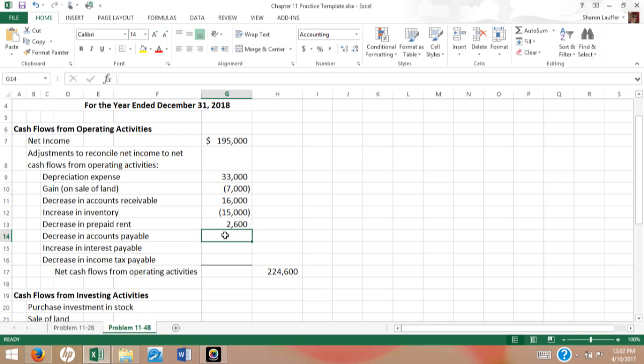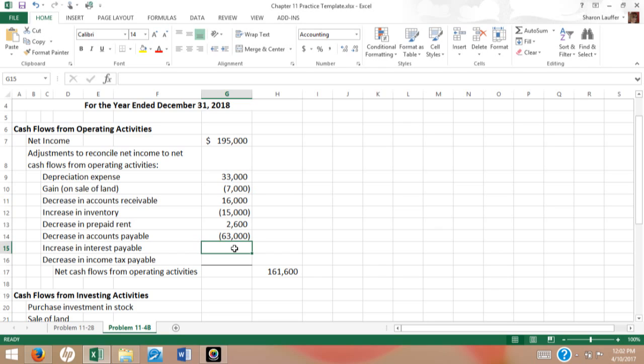So that decrease in accounts payable, we're going to actually subtract that out because we had some expenses that were involved in that accounts payable that we have not yet paid cash for. So we're going to have to adjust our net income for that cash that's involved in that. And again, decreases in accounts payable, you subtract. Increase in accounts payable, you would add in the statement of cash flow.